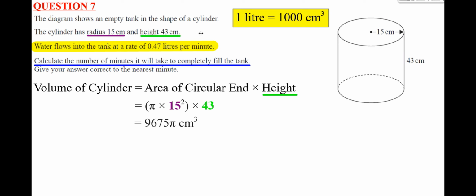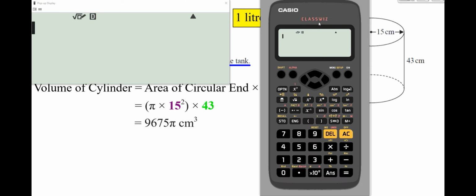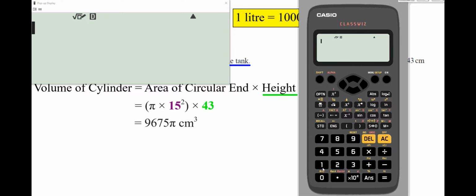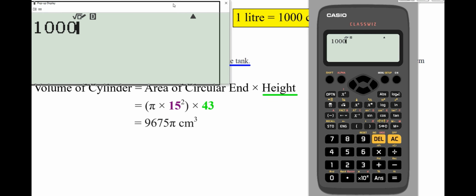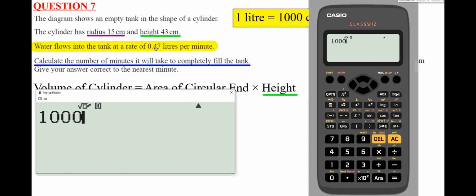So I've not got a full litre, I've only got 0.47 of a litre. So a full litre would be 1,000 cm cubed. What I'd suggest you might want to do first is to work out what 0.01 of a litre would be in terms of cm cubed. So I could divide by 100 first to find what 0.01 of a litre would be, then times by 47.